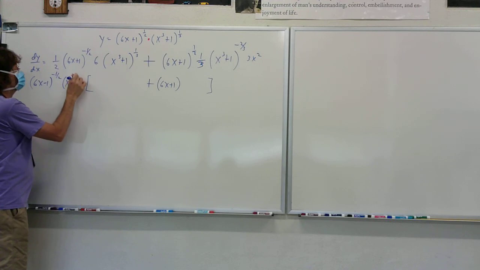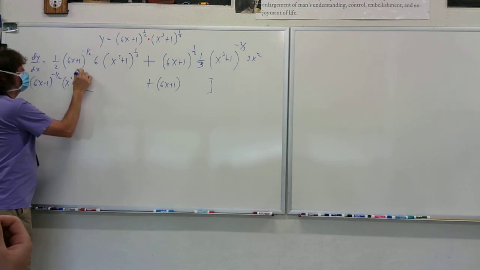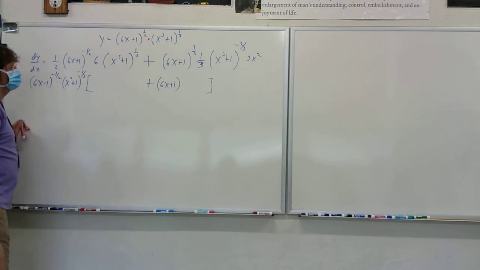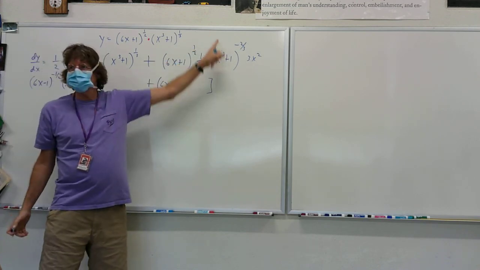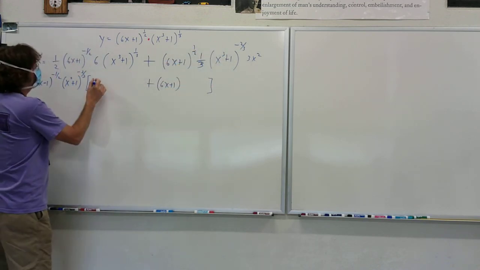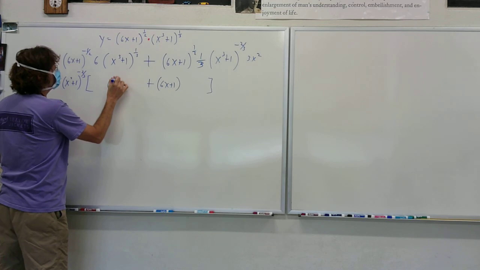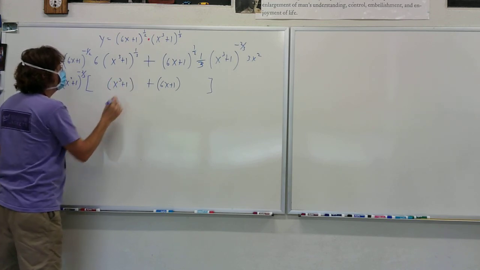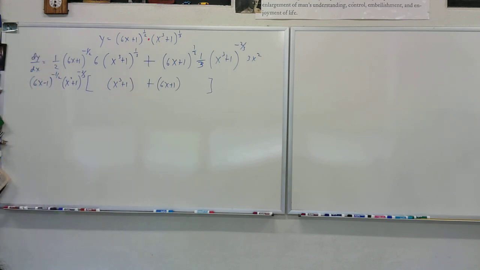What power? Negative 2/3. And that one's going to leave a 1. And then let's just see if it really works. X cubed plus 1. What's 1/3 minus a negative 2/3? 1. 1/3 minus a negative 2/3 is 1.